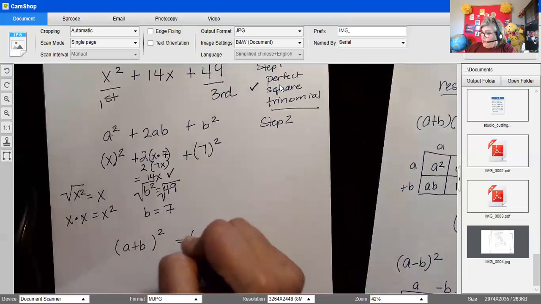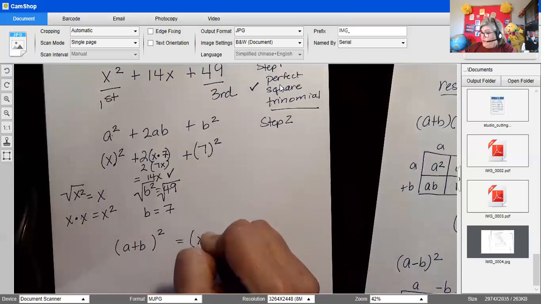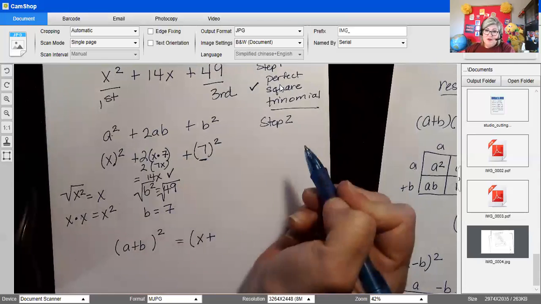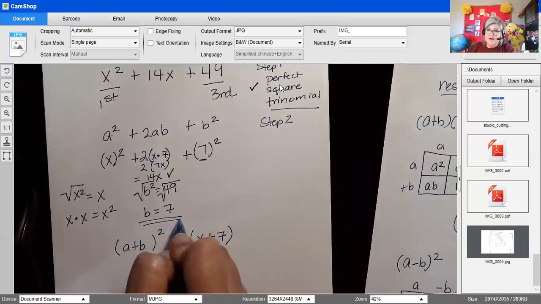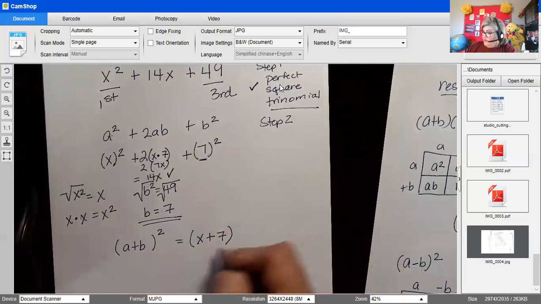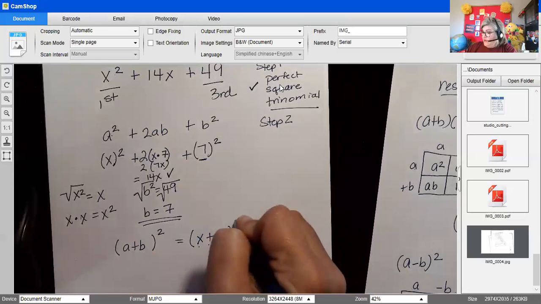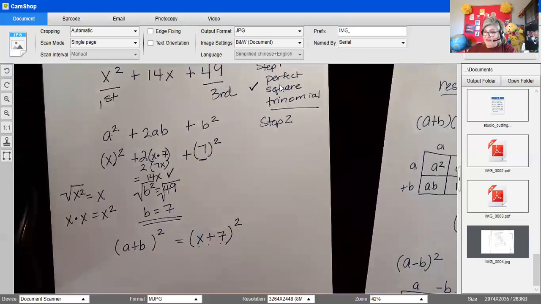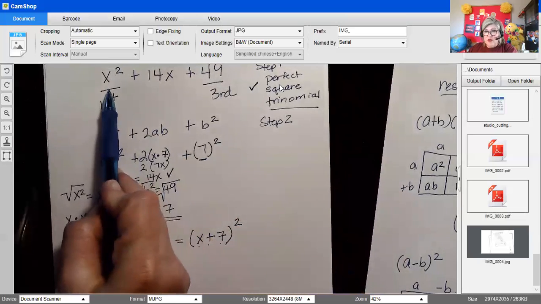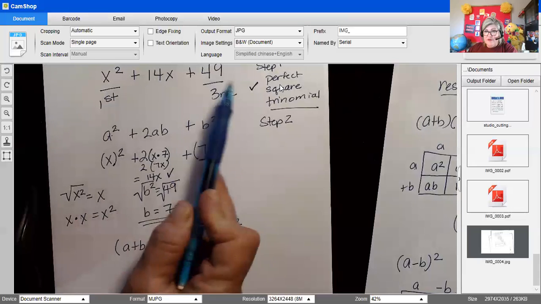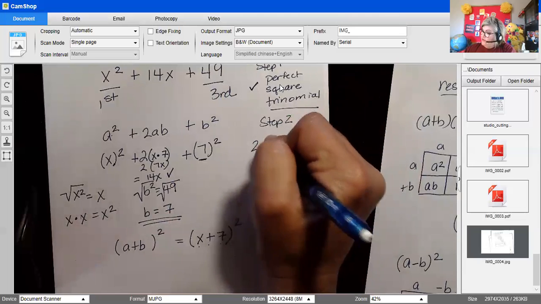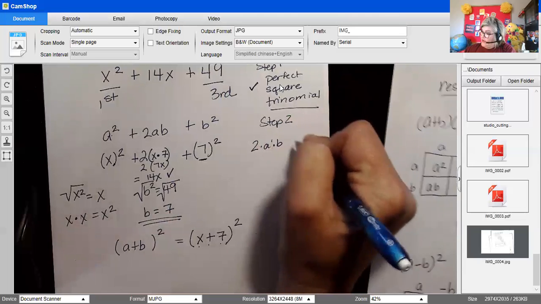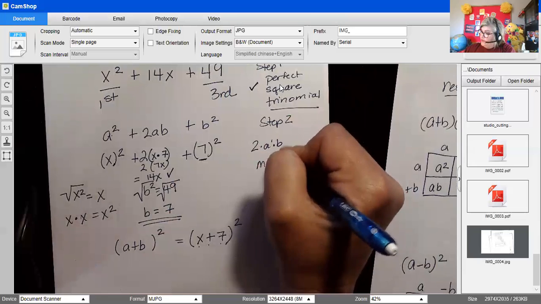So this is equal to x plus our b. Our b is 7. We identified that right here. So x plus 7, squared, is how we would factor x squared plus 14x plus 49. So step 2, 2 times a times b must hold true.